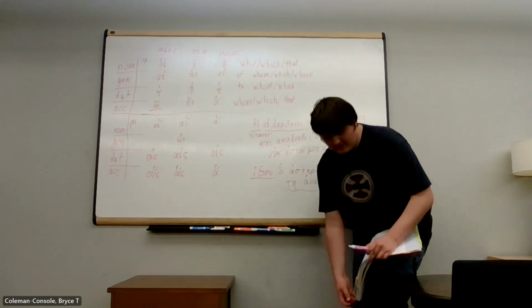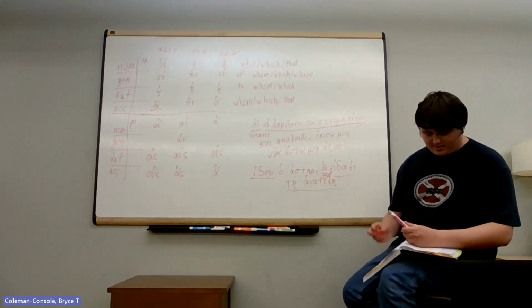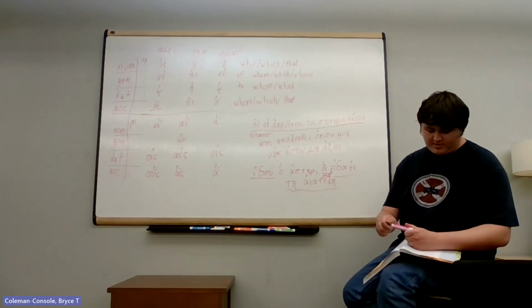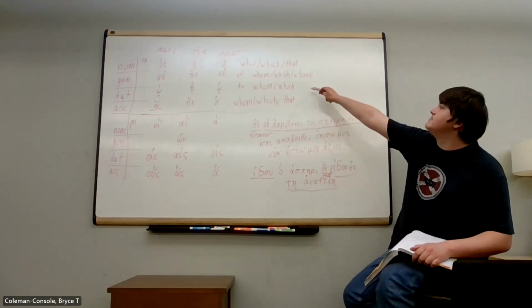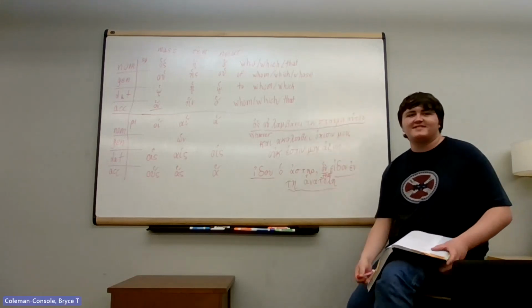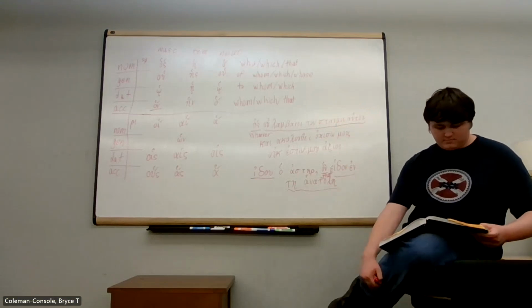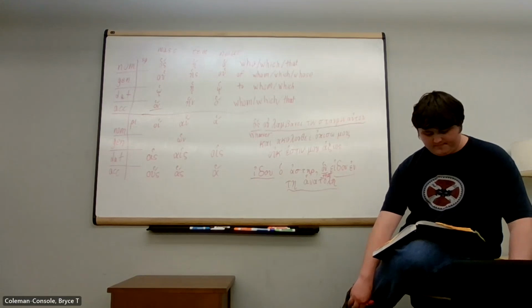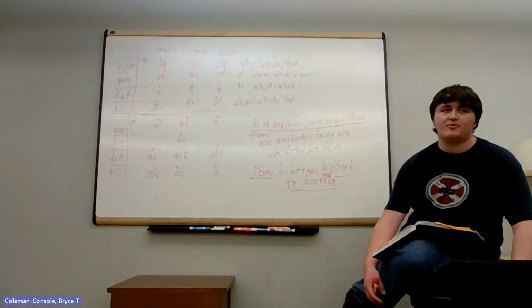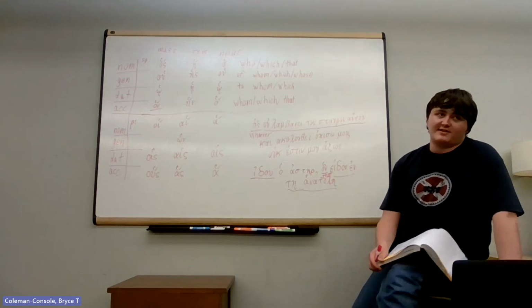Okay. So let's move on to the last bit. It's just translation. Relative pronoun is translated in various ways. There's a few options, depending on the function. And this is according to an issue of English grammar, not Greek.